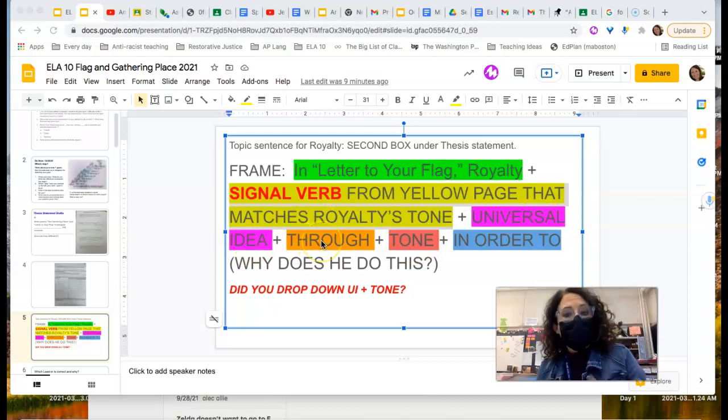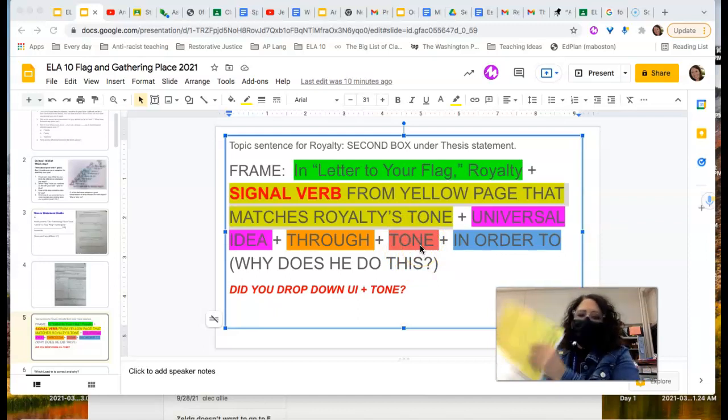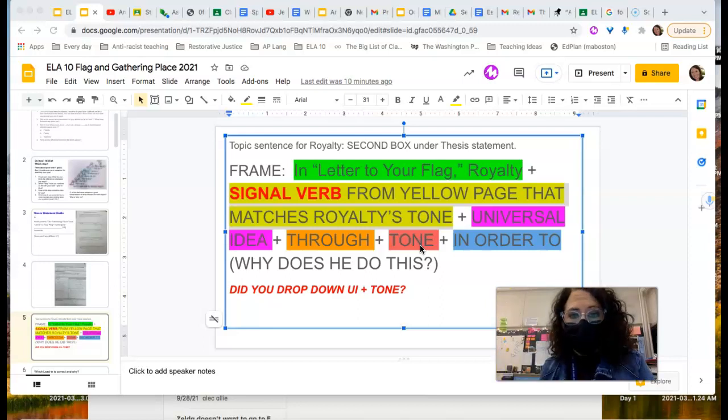Then you want to add through, or you could add by, and you're showing how Royalty speaks with a certain tone, okay? And then you're going to add the tone that you have from your thesis, and you're going to add that tone word in red. And then you're going to have in order to.